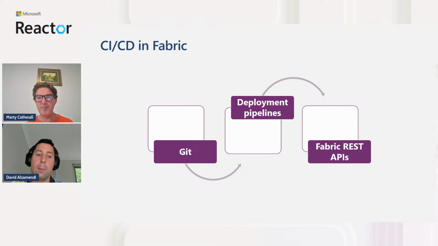Let me give you an example. You might define that you have an environment for development, an environment for user acceptance, and another environment for production. And with CI/CD in Microsoft Fabric, natively, you can deploy items between the different environments without having to have developers go there and manually release objects.